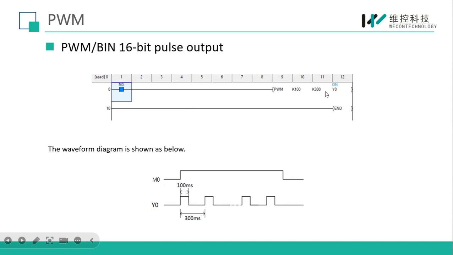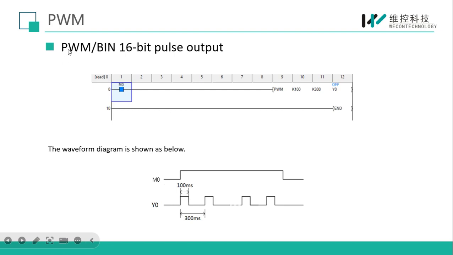As you can see, this instruction is very easy. So I set the cycle as 300 milliseconds and the on time as 100 milliseconds. So the waveform diagram is like this.